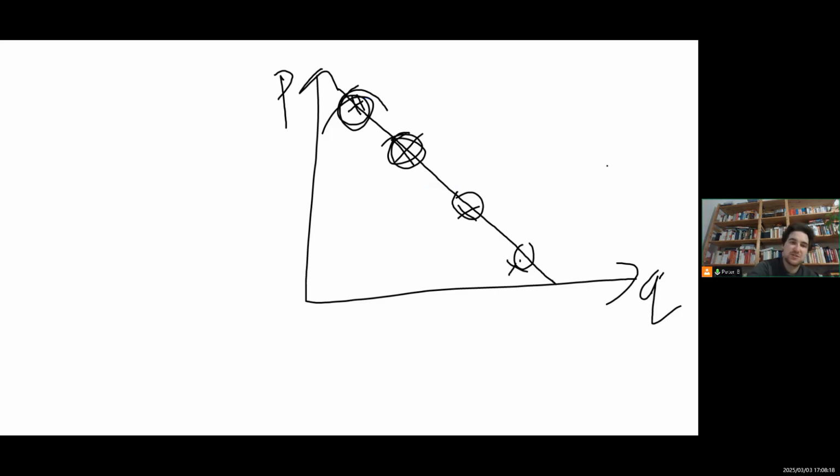So say the price has gone up, then I'm going to shift down along my demand curve. I say shift, I should mean contract. I'm going to move backwards on the x-axis and reduce the quantity that I buy. So we would say that's a contraction in demand.